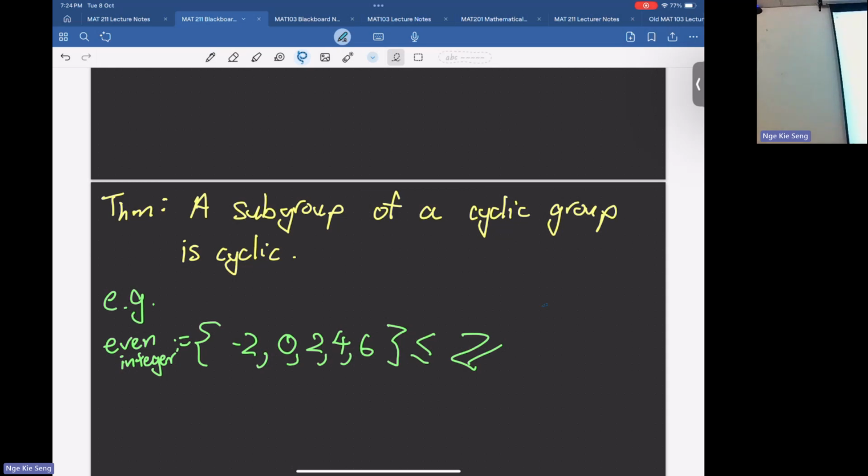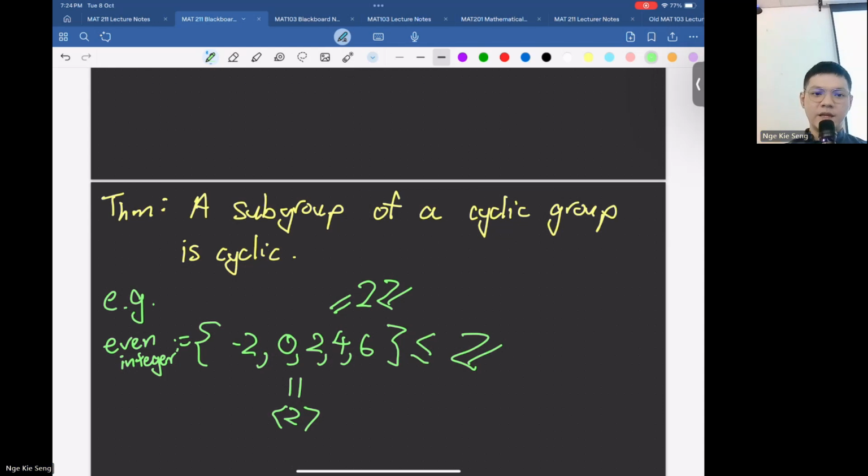Do you know who generates this set here? 2. Good. This is generated by the single number 2. That's why sometimes people call this 2Z, representing the even integers. So let's prove this.